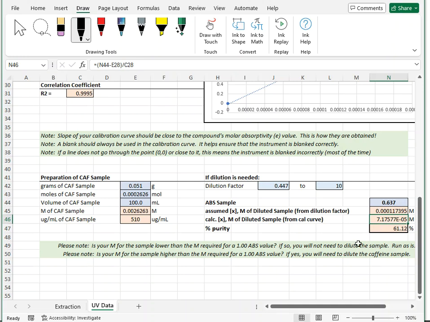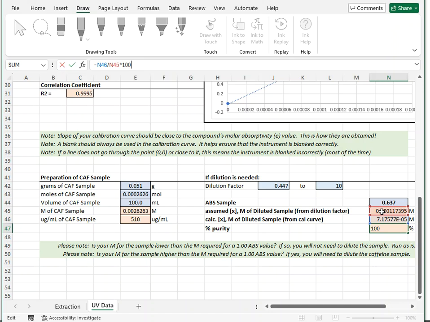What they're doing is comparing these two values together to calculate a percent purity. Sorry, I actually said that backward. 7.17 is the molarity from the calibration curve, and then the back dilution is this 0.000117395, right?